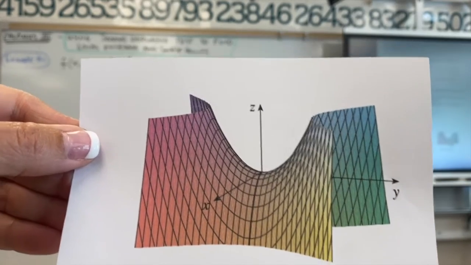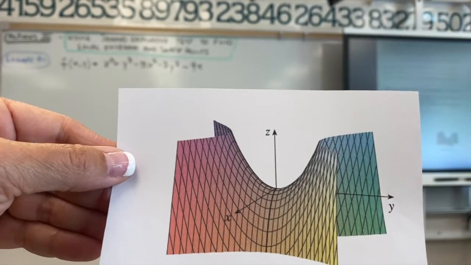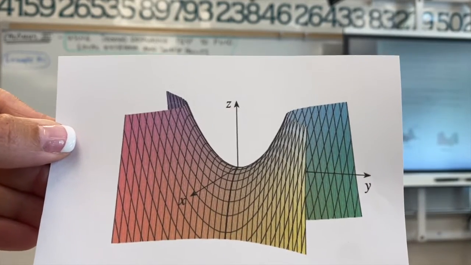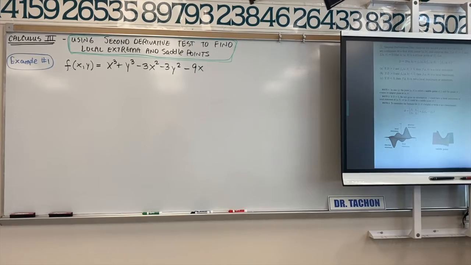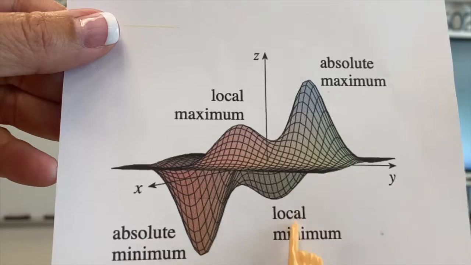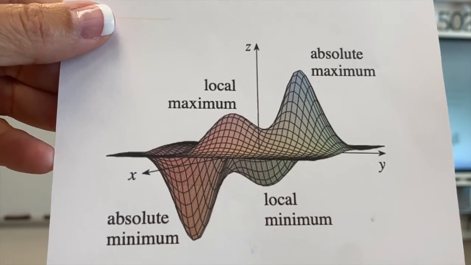So we're going to use the second derivative test. The second derivative test that we're going to learn or review here is going to help us find these saddle points of a surface, and it's also going to find the local extrema, the local maximum and local minimum, of a surface.